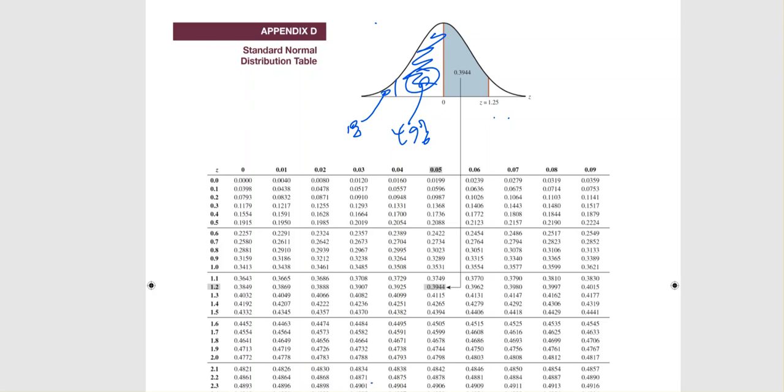All right, that's the closest you can come to 49%. 4898 is too far. 4904 is too far. So the closest you can come is 49.01. So we're going to use 2.33, but actually it's going to be negative 2.33, all right, because it's on the left side.